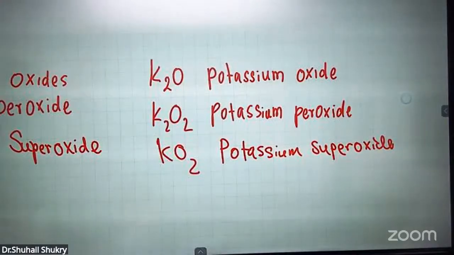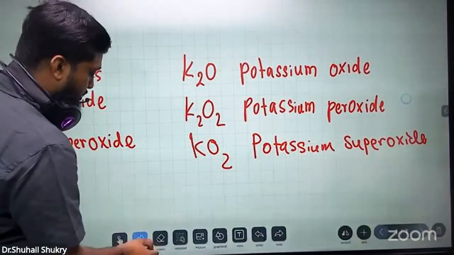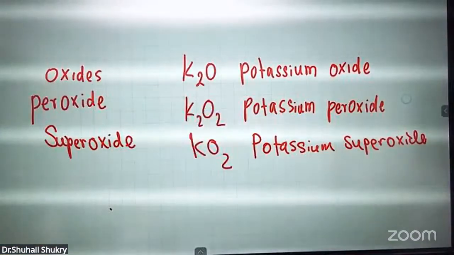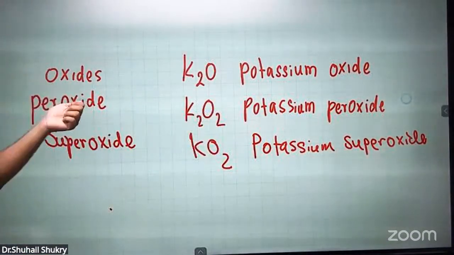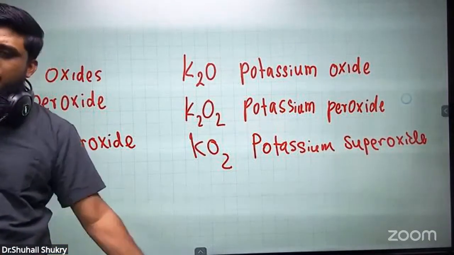Now, if they ask you to draw only the oxide anion, how do you decide that? Just remember these three examples, because you can't remember the oxide anion, peroxide anion, superoxide anion; you will definitely miss them.